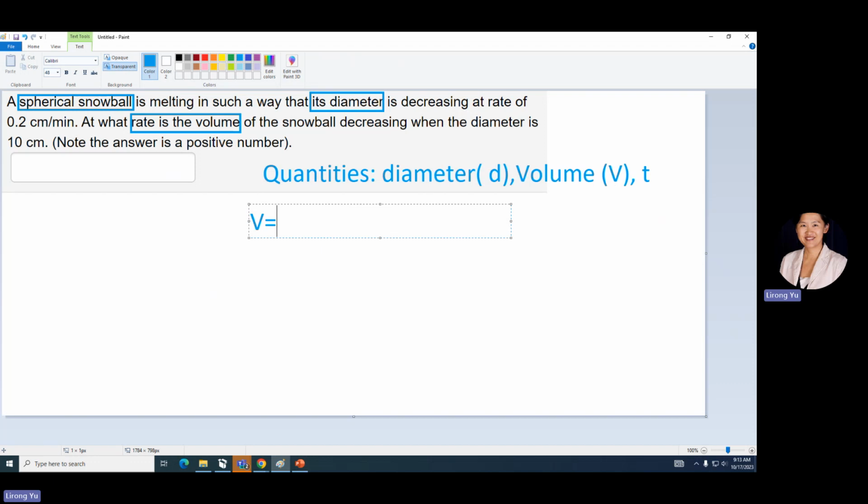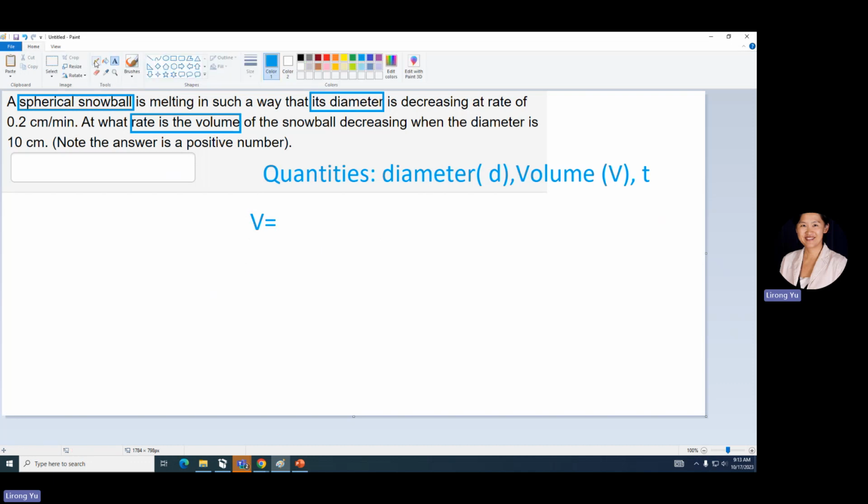Right, r should be cubed, because the volume is three-dimensional. Since this is related to a sphere, we should definitely have pi. All measures of circular shapes always have pi. And there's one more factor, which is 4/3. So 4/3 times pi times r cubed. That is the volume formula.